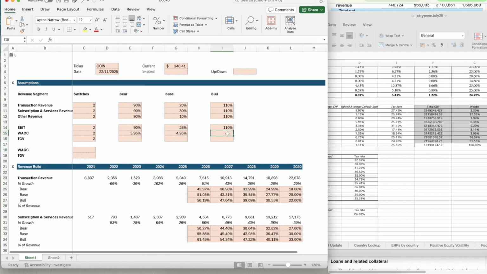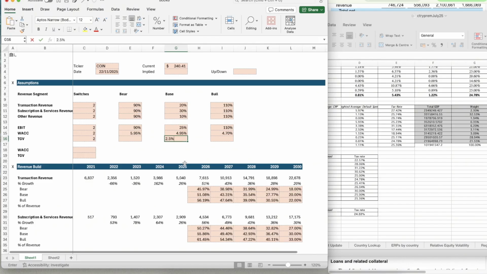Then for the bull case, we'll just do minus 0.5%, because I think the bear case will be significantly worse than the upside of the bull. You know what I mean?